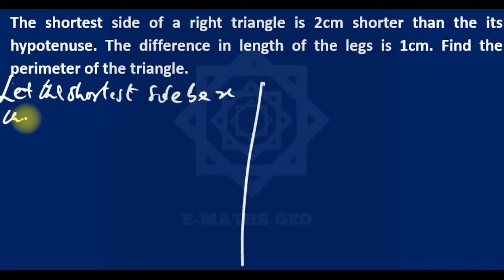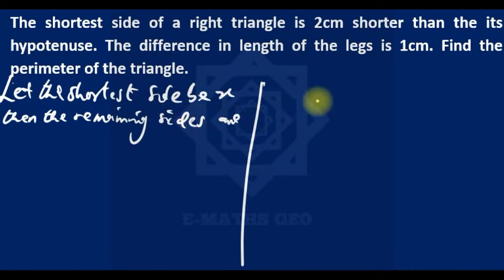Then the remaining sides, remember they say the difference between the shortest side and the longest side is 2 cm, so it should be x plus 1 and x plus 2. This minus this is 2, while this minus this is 1.